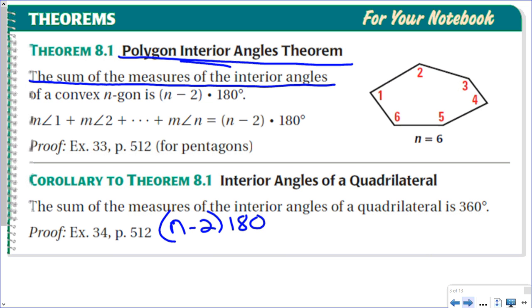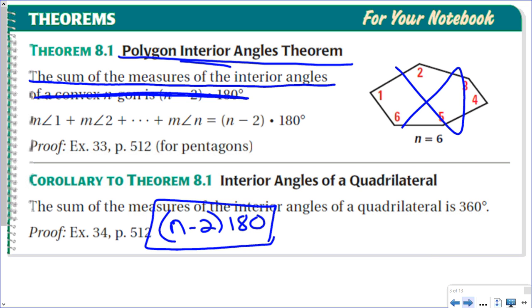You don't have to put the diagram. And then to the left-hand side of your notes, right beside this, put that n is the number of sides.